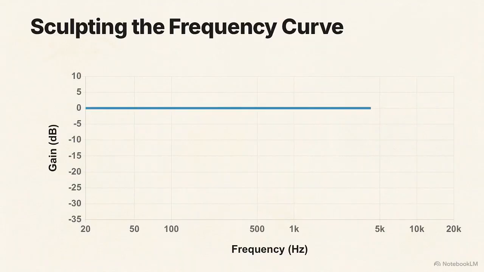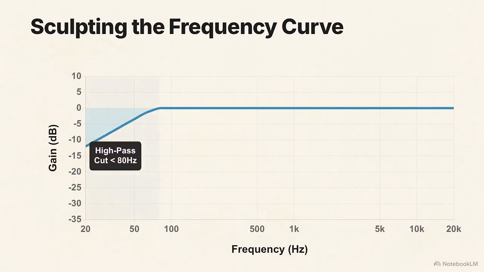Raw AI audio typically lacks the deep chest resonance we associate with authoritative narrators like Morgan Freeman. We use a parametric EQ tool to manually sculpt the frequency curve of the voice. The first step is applying a high-pass filter to cut everything below 80 Hz, which eliminates digital rumble and noise.